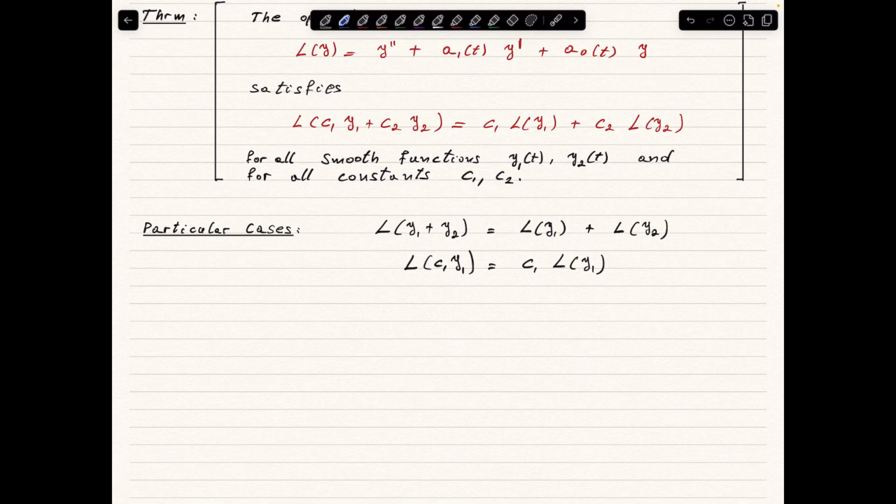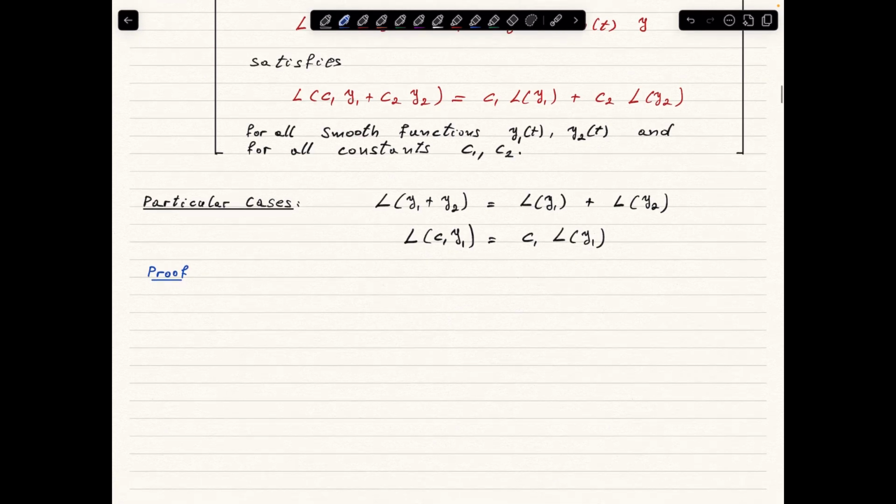The proof is a simple calculation, so it's worth doing it here. So we start by computing what L, the operator, does acting on that linear combination. To make it simpler, you can do this calculation choosing, for example, c1 to be 2 and c2 to be 3.